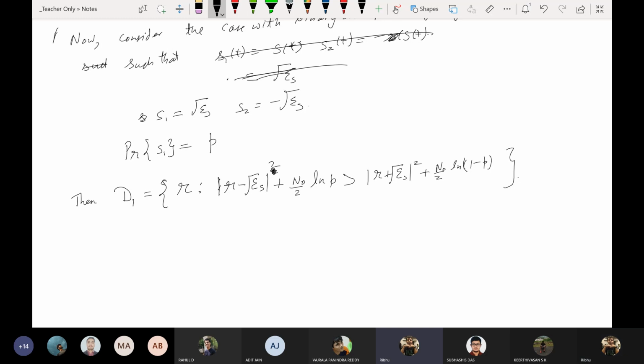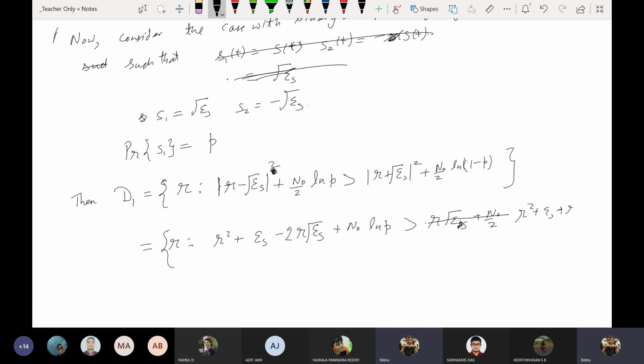So this equals R such that R square plus Es also comes here, plus R.